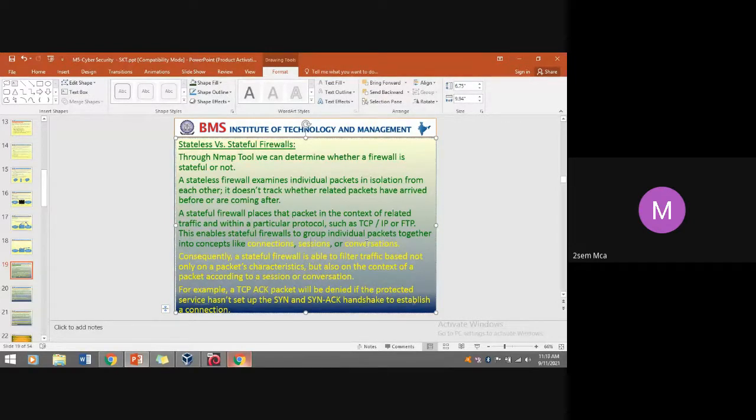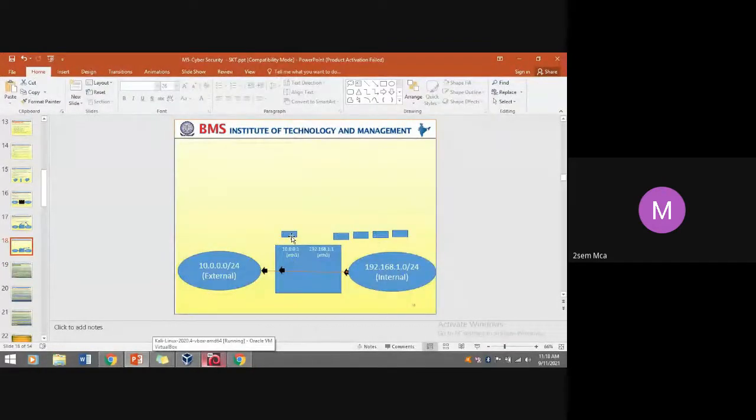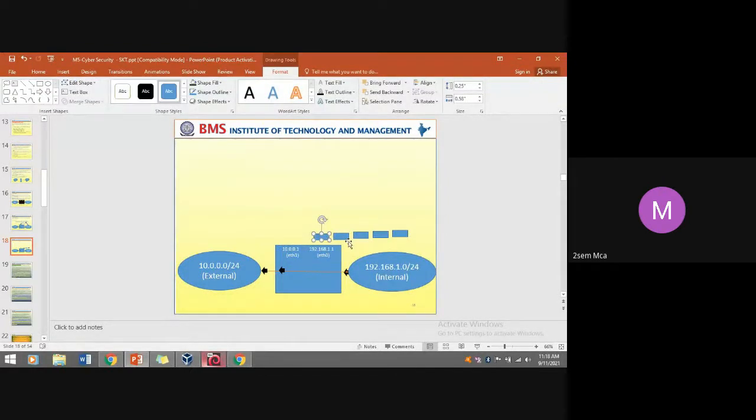applications. So if the chat window is active, it retains the session and establishes a connection between the two people who are chatting, and so on. So the stateful firewall, when it starts checking, for example, these five packets are coming from the internal network from an email application. So this packet is coming from email, this is also from email.